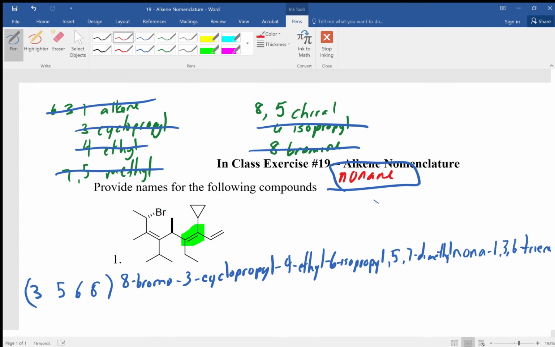Let's start on the left side. So we have a carbon versus a carbon. So now we have to see what that carbon is attached to. This carbon is attached to a methyl, while this carbon here is attached to 2 other carbons. So we have higher priority, lower priority.